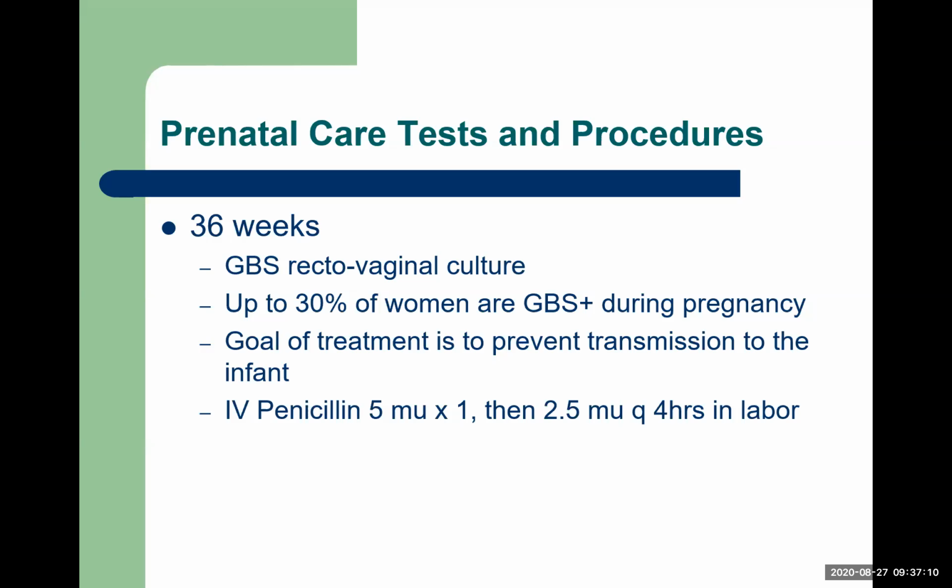And those patients that are penicillin allergic, we send the culture with that special mark, right? Like we let the lab know so that they can test for clindamycin resistance or not, so that we can use other agents in labor.